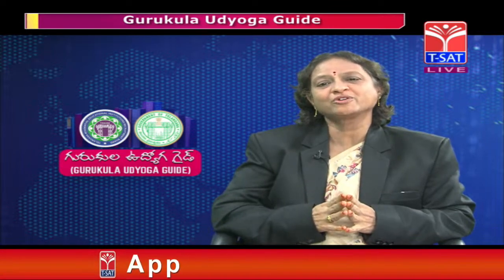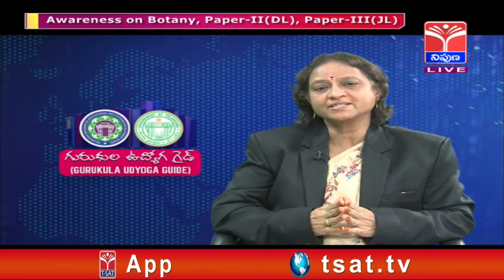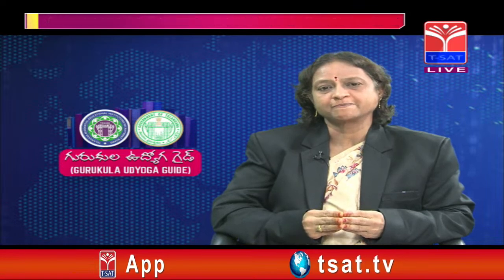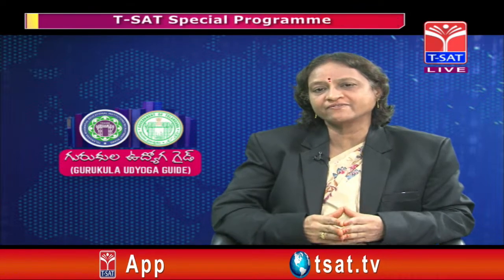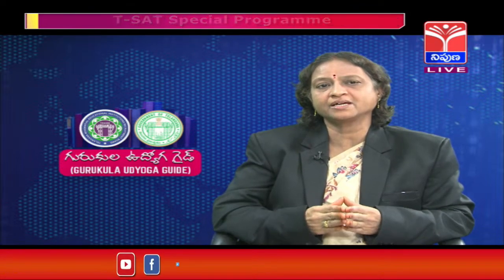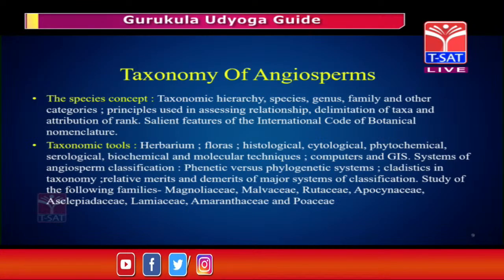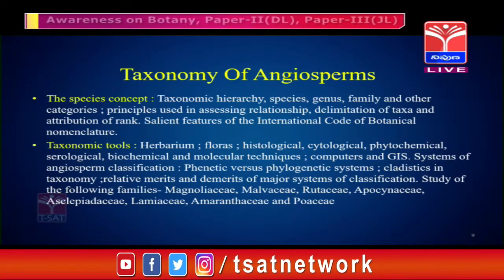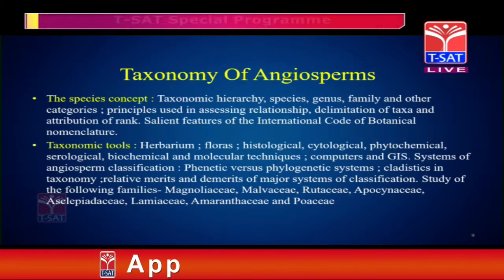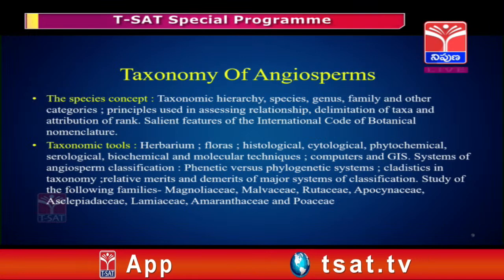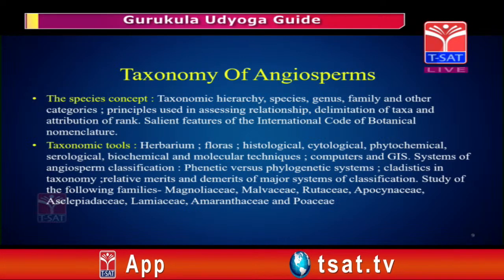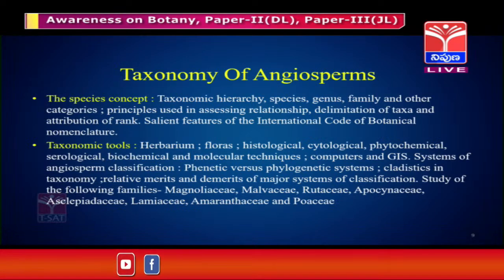But in taxonomy of angiosperms, you have to understand the tools used for classifying plants, like herbaria or floras, and then the recent trends in taxonomy, that is, the serological evidences, biochemical evidences or molecular techniques which can be used as evidences in classifying plants.